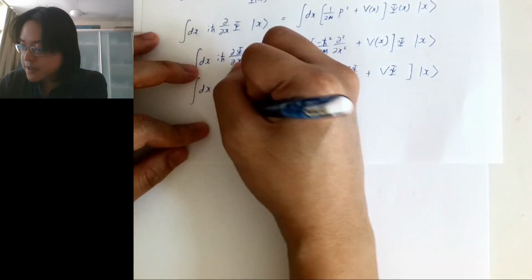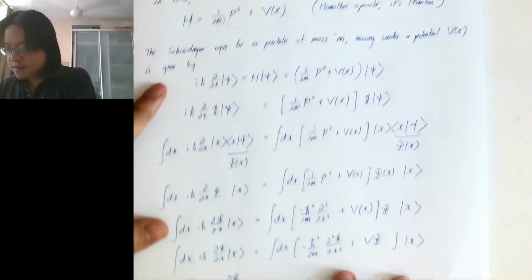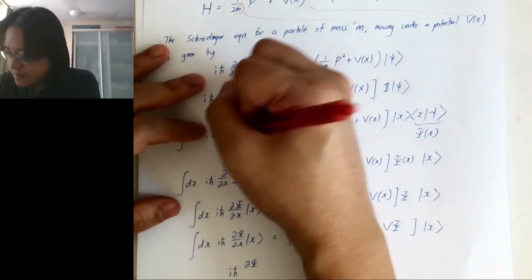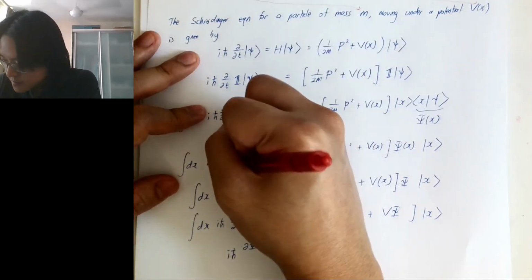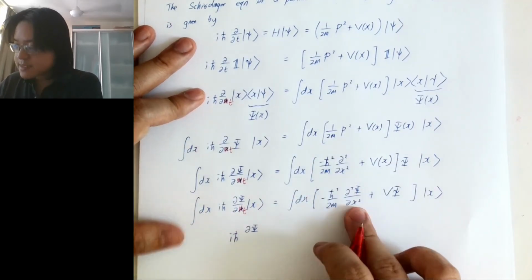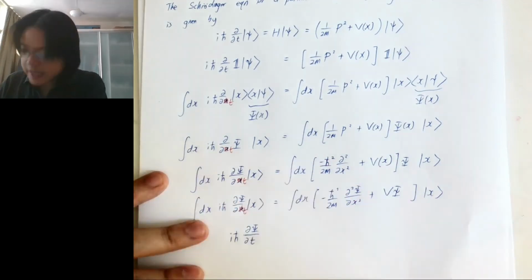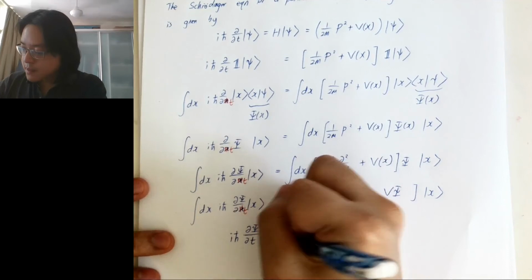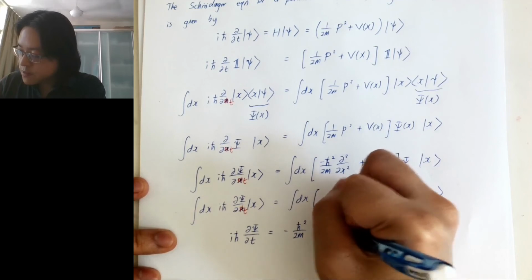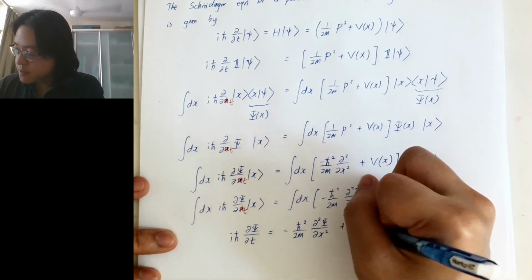So what we have here is i h bar d psi, hang on, why do I write x here? This is differentiating with respect to t. This is the time derivative, and this is the x derivative. So the time derivative is on the left-hand side, and on the right it is h bar squared over 2m, d squared psi dx squared, plus V psi.